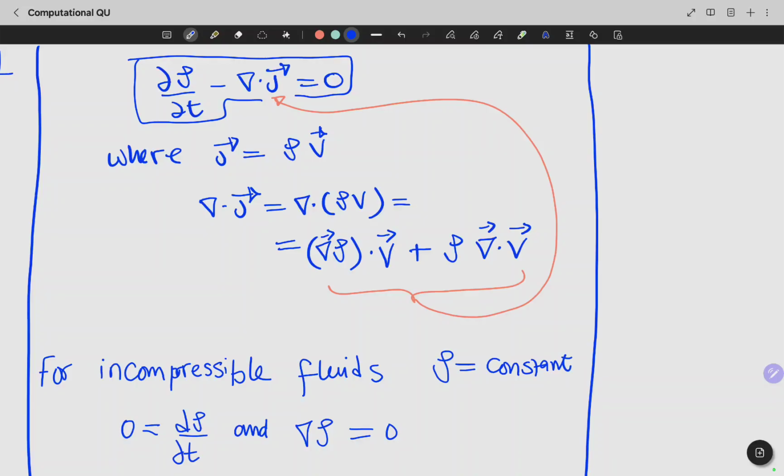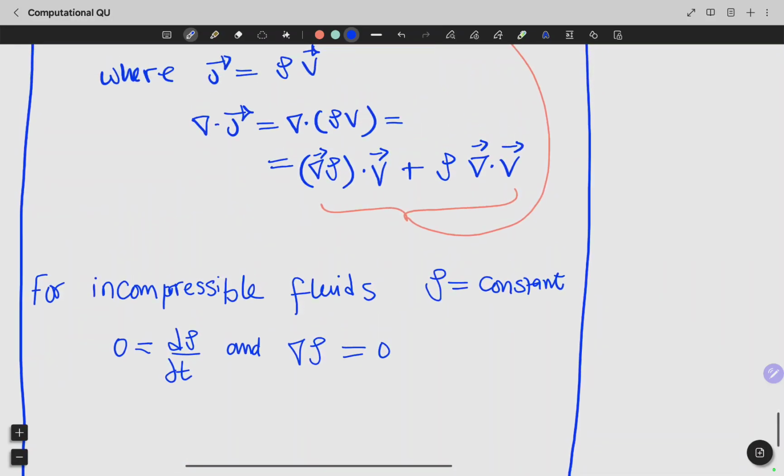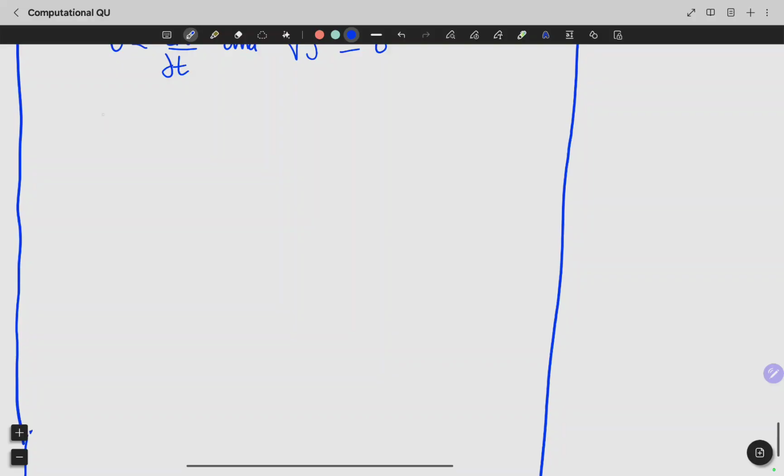But what are compressible fluids? They are like gases, like oxygen, like methane gas, like the air we have around us. These are compressible fluids. So this is for compressible, and for incompressible this equation becomes only this term. That's the only thing that will survive.